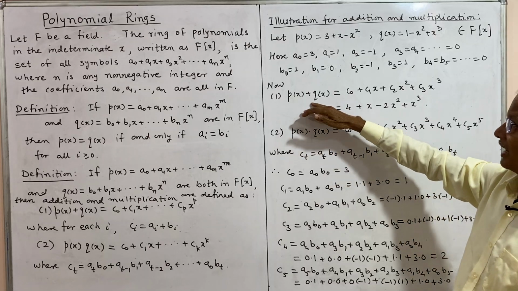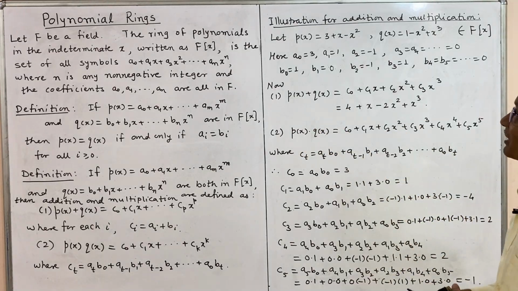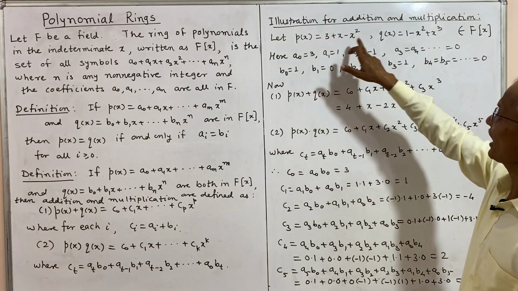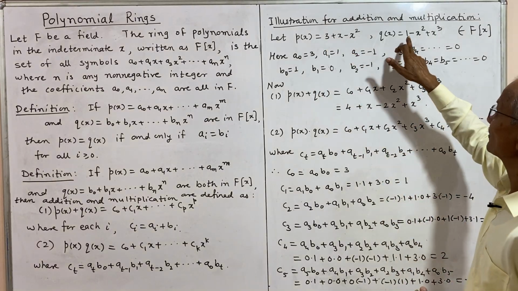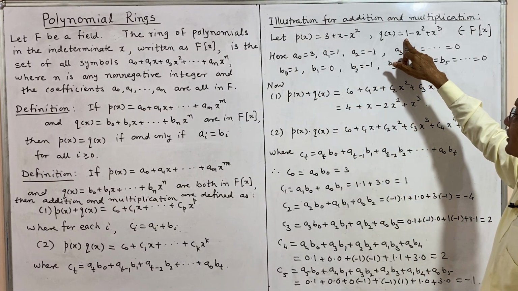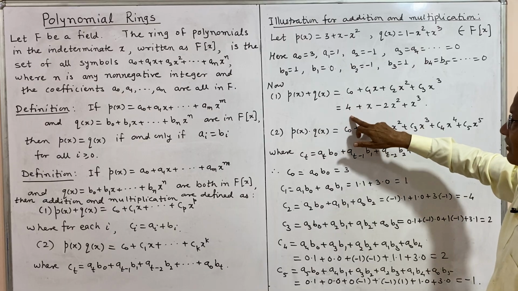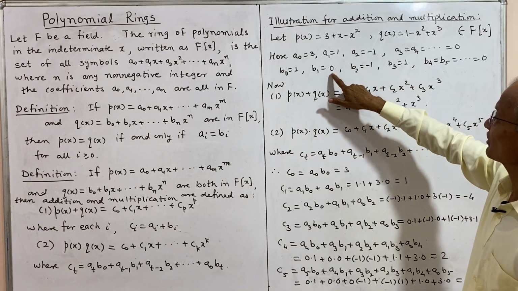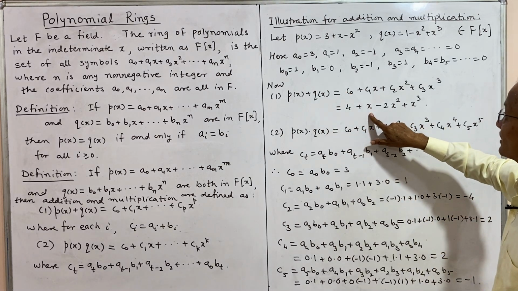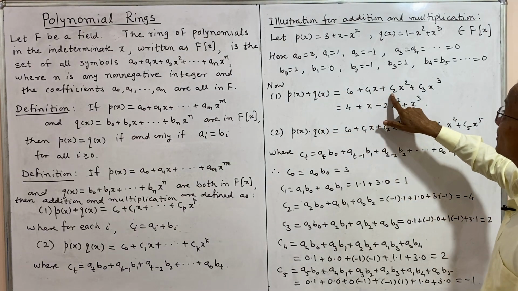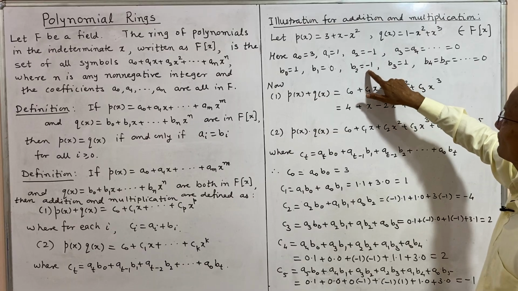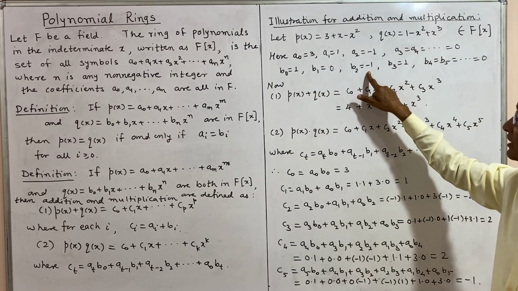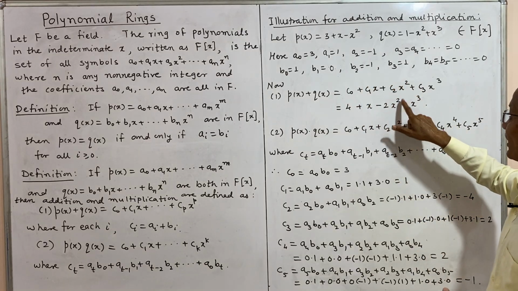Now how is the addition defined? Addition is simple. When we add these two, we add A naught plus B naught, that is 3 plus 1 which is 4, that is C naught. C1 will be A1 plus B1, 1 plus 0, that is 1. C2 will be A2 plus B2, minus 1 plus minus 1, that is minus 2 into x square.